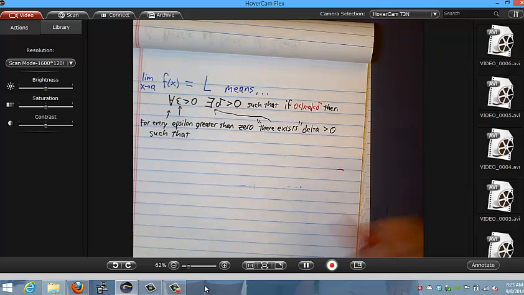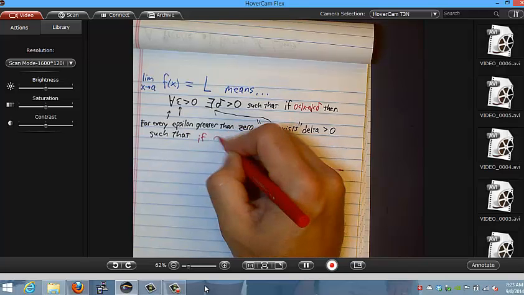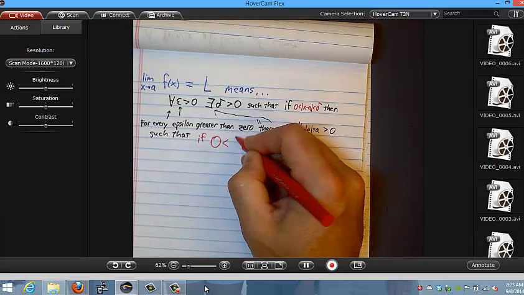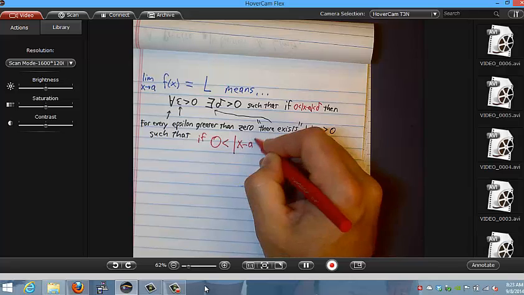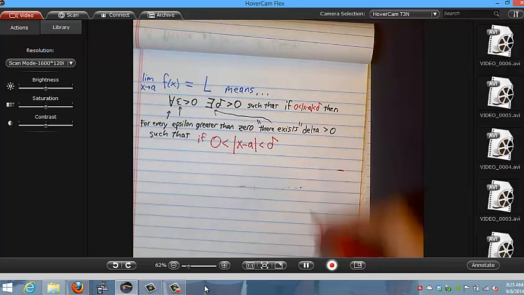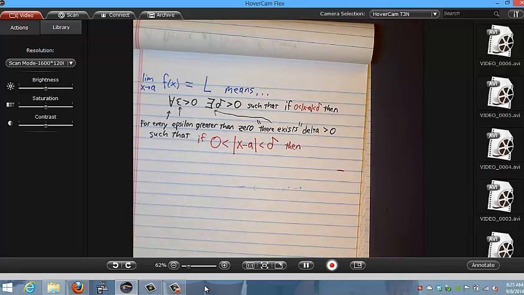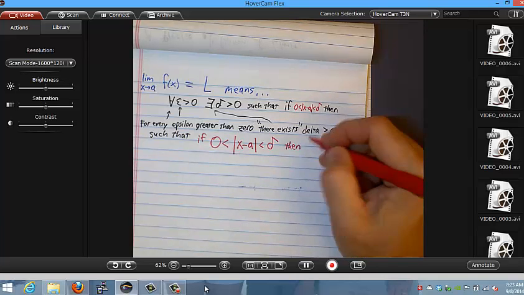That's too small, guys. I'll write it bigger here so you can see. If 0 is less than absolute value of x minus a is less than delta, then, and what I'm about to do is write down another absolute value inequality.